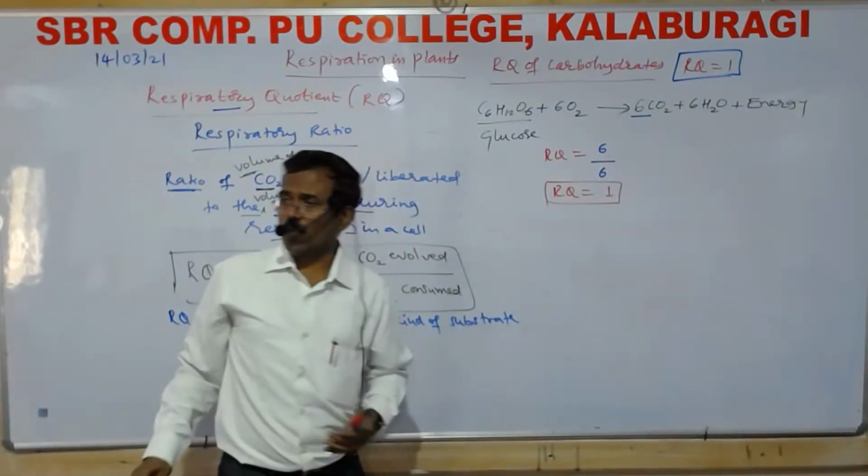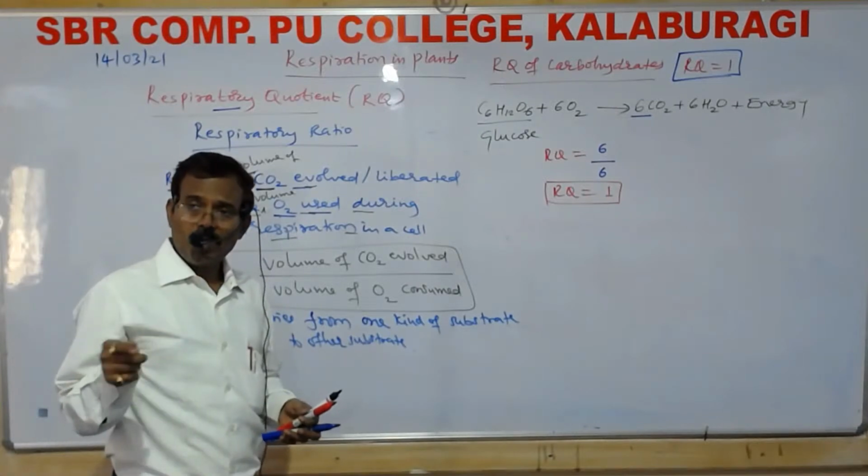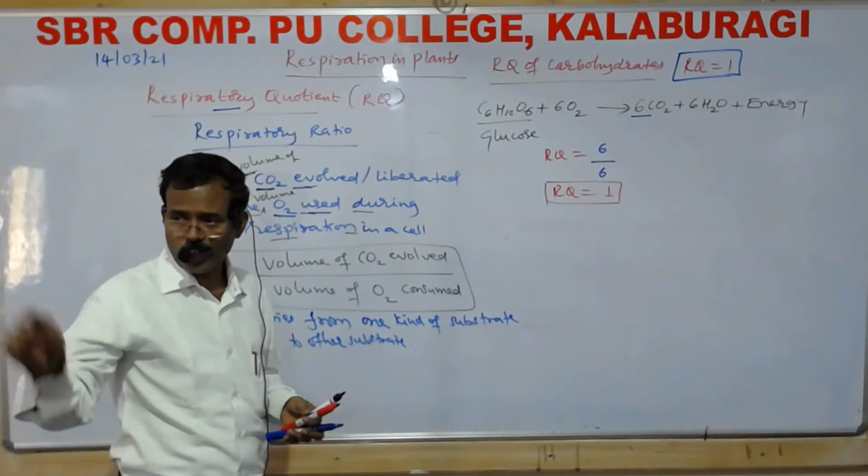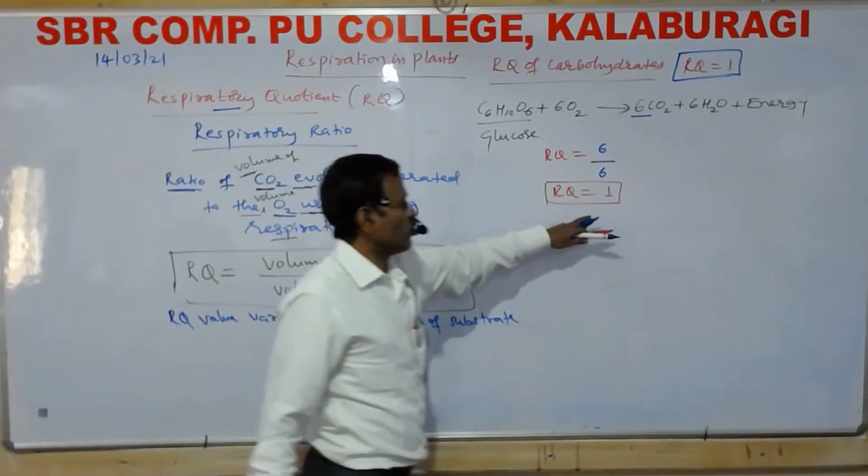So RQ value is 1, because the volume of carbon dioxide liberated is equal to the volume of oxygen used. That's why RQ value is 1.